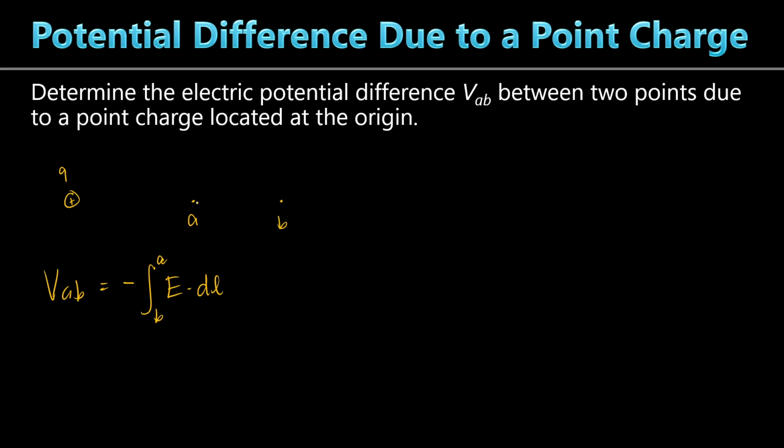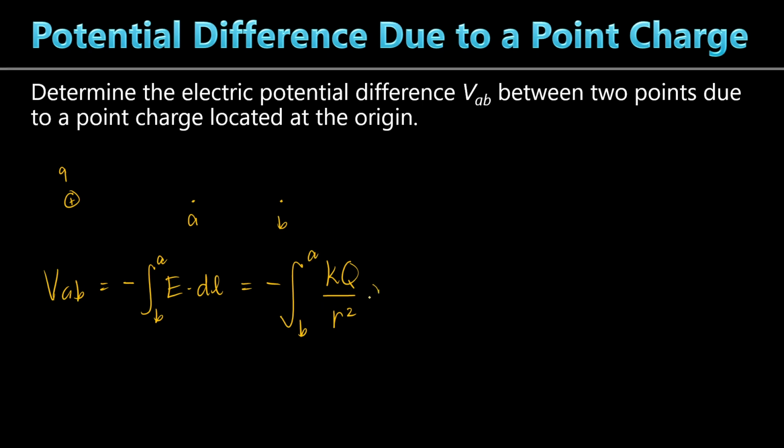Yun yung work done per unit charge na VAB na ating hinahanap. So to solve for that, kinakailangan alam natin yung expression ng electric field na nanggagaling naman dito sa point charge. Ano nga ba yung expression ng electric field na nanggagaling sa isang point charge? Di ba pinag-aralan natin that's equal to K Q over R squared? Yes. So lagay lang natin dito from B to A.